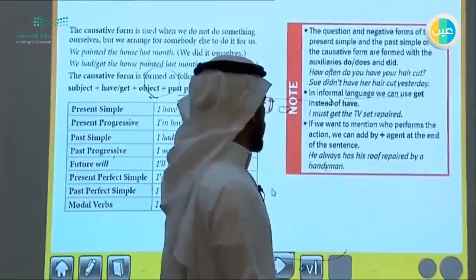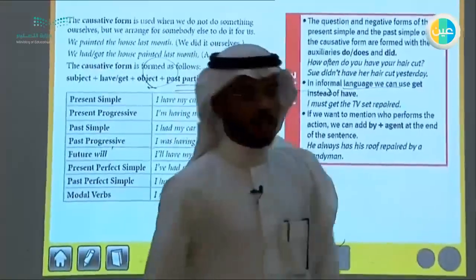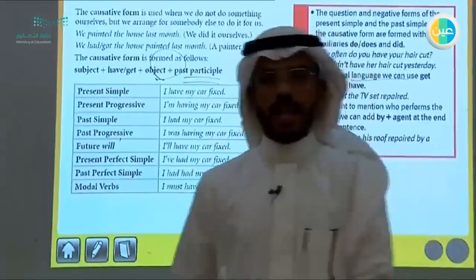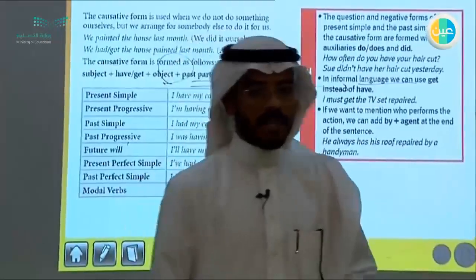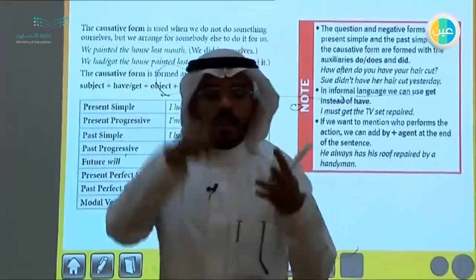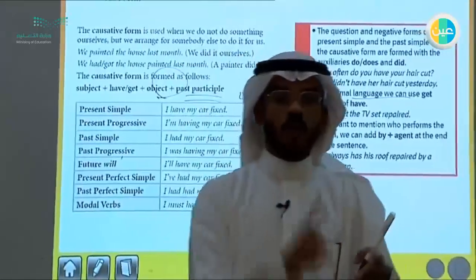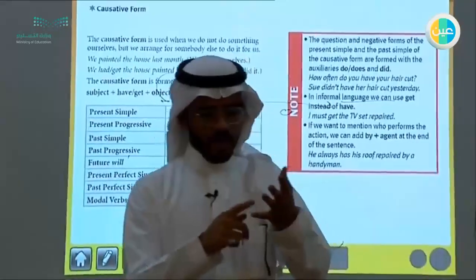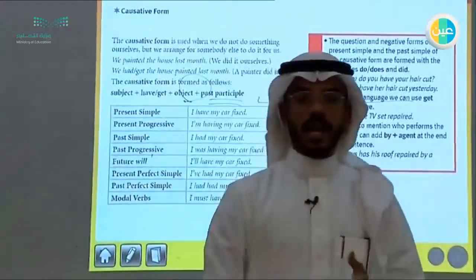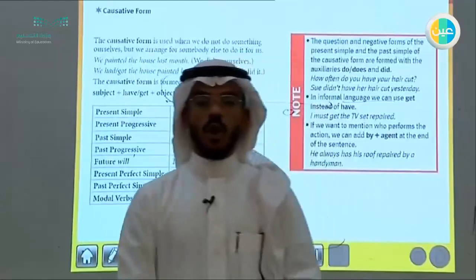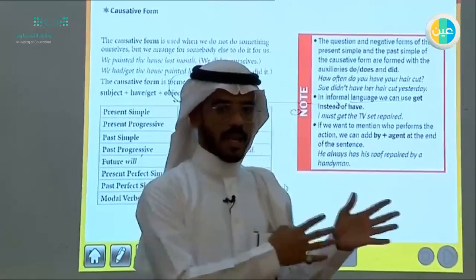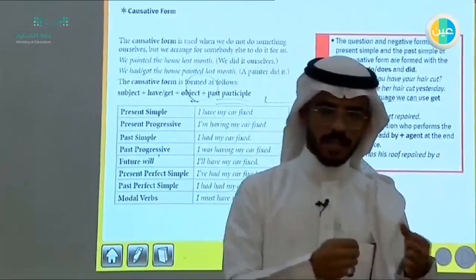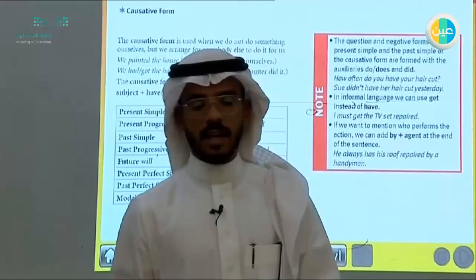This is a point. If we want to mention who performs إذا أردنا أن نذكر من قام بهذا الشيء، مثلا I had my car washed. I had my car washed يعني تم غسل سيارتي أو أحد ما غسل سيارتي.